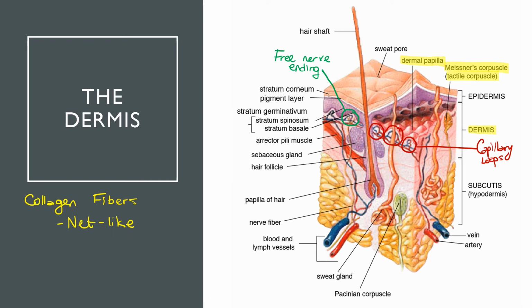Blood vessels, nerves, hair follicles, even oil glands and sweat glands are going to occupy the spaces between the collagen fibers within the dermis. So we can see these here, the hair follicles, sebaceous glands, which are oil glands. We'll learn a little bit more about glands later, but sebaceous glands are oil glands. And then also these nerves and blood vessels are going to be between those collagen fibers in the dermis.